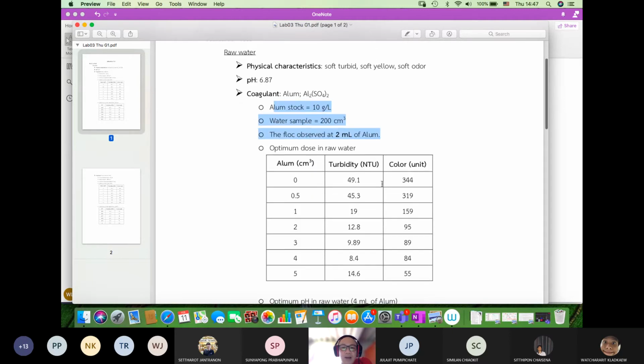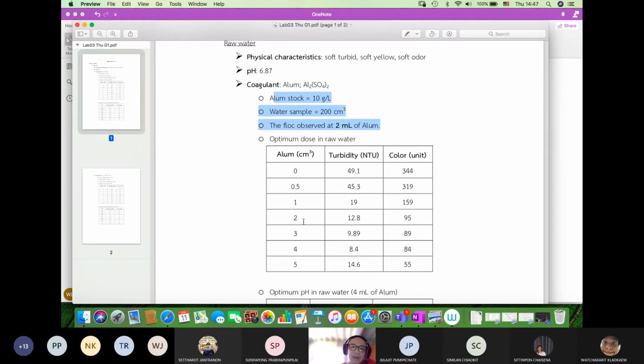Because we want to estimate: if we know that the floc forms after we add 2 ml of alum, we put 2 ml here when we design the experiment. So we are going to have 6 jars: 1, 2, 3, 4, 5, 6.